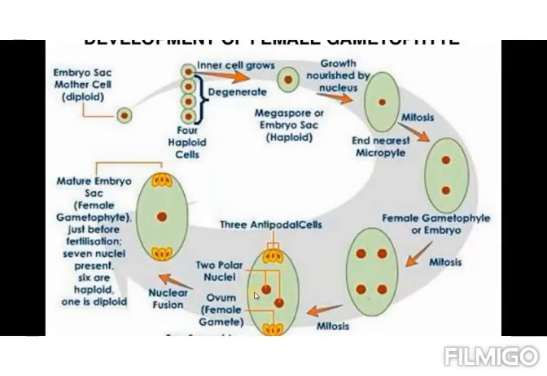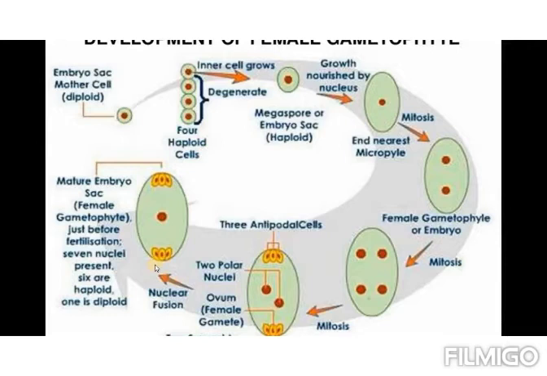So at this stage where 8 nuclei are there, 2 nuclei are there which get fused. So total 8 nuclei are there and 7 cells are there. 3 here, 3 downward and 1 this. So total 7 cells and 8 nuclei are there. And at this stage, this is called the female gametophyte or the embryo sac.